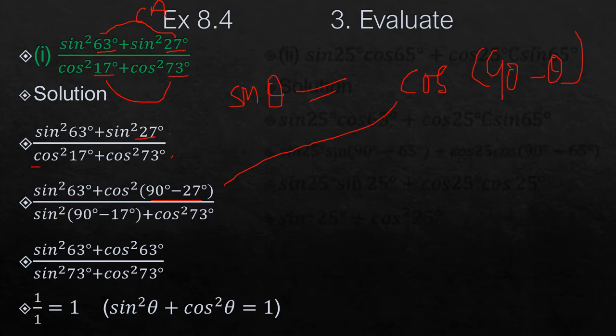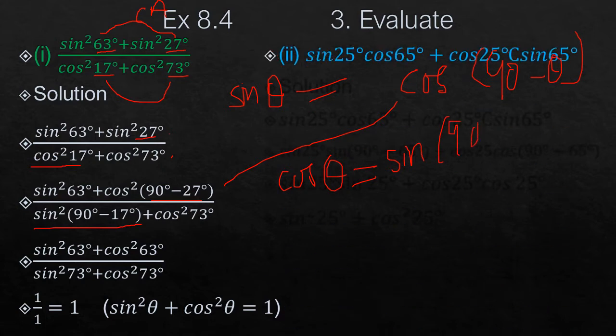Similarly, here also cos square 17 degree, we can write it as sine square of 90 degree minus 17 degree. Same formula, that is cos theta or cos A is equal to sine of 90 minus A, or 90 minus theta. If we use theta, then write theta. This formula is not only for simple terms, it can be used for squares also.